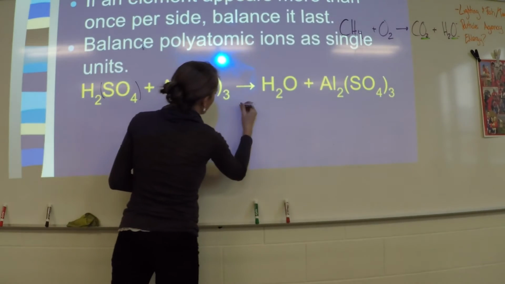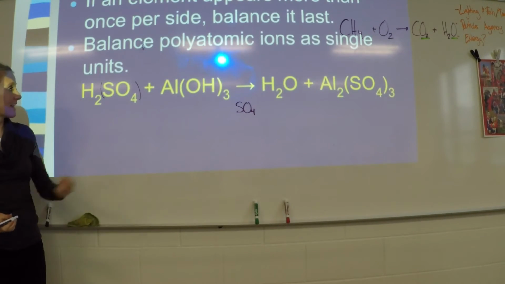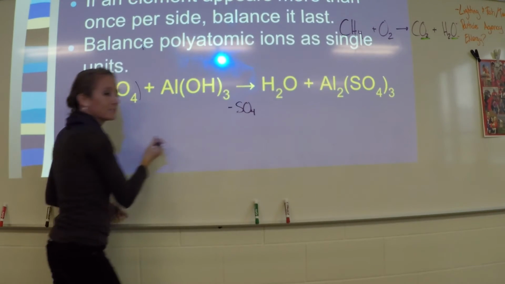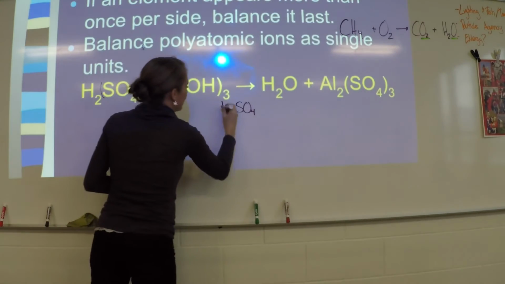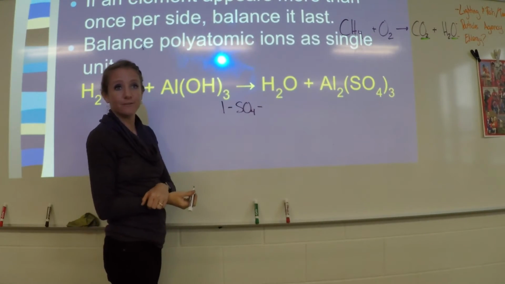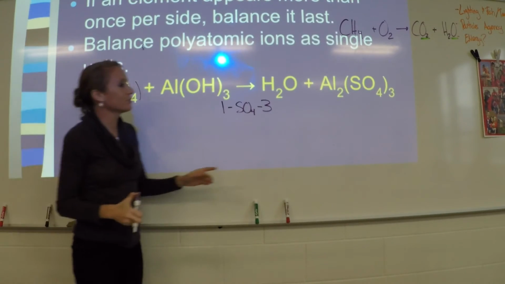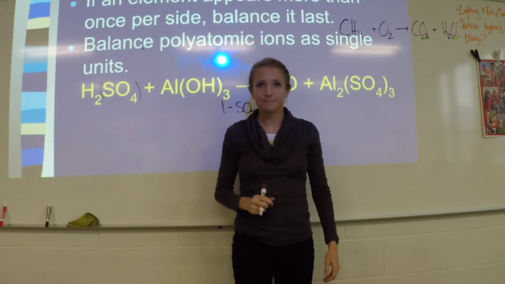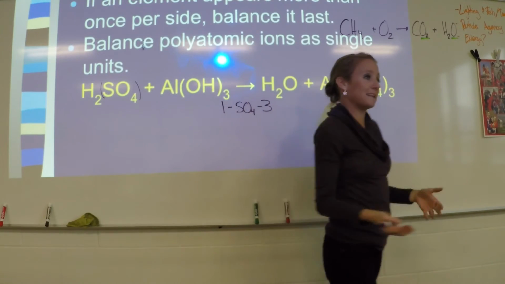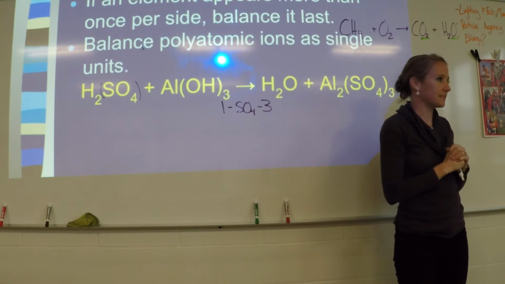So in my counting, I'd say SO4, and on the left side, how many SO4s do I have? Yeah, just one group of that. And then on the other side, how many do I have? 3. So all that does is save you the hassle of having to distribute the 3 inside. Okay? If you don't like grouping it, you don't have to. You can still do it all individually, but it does save you a little bit of time.